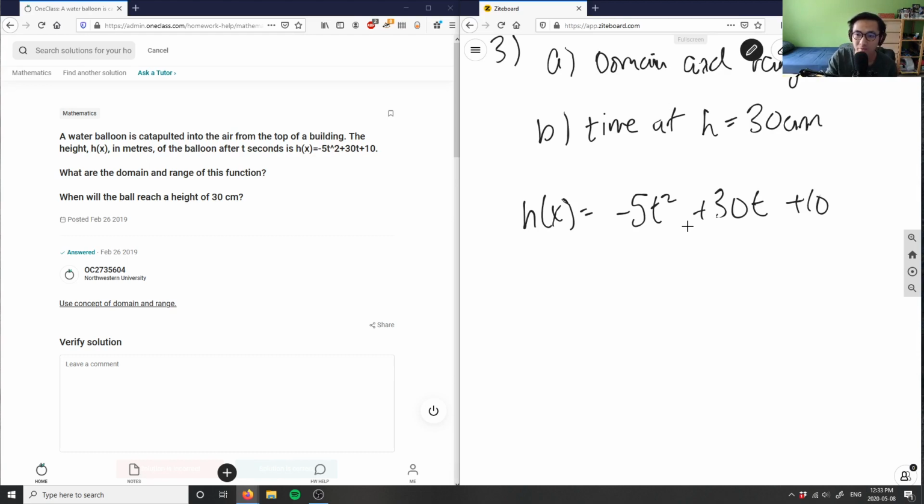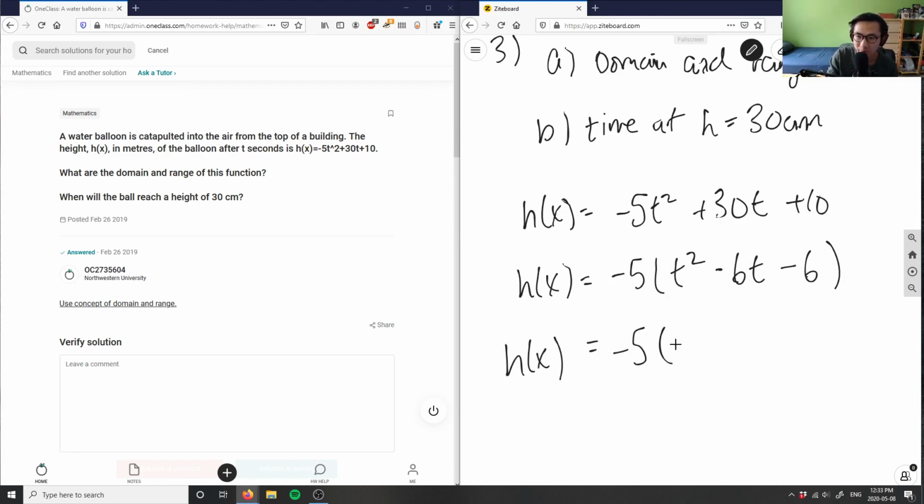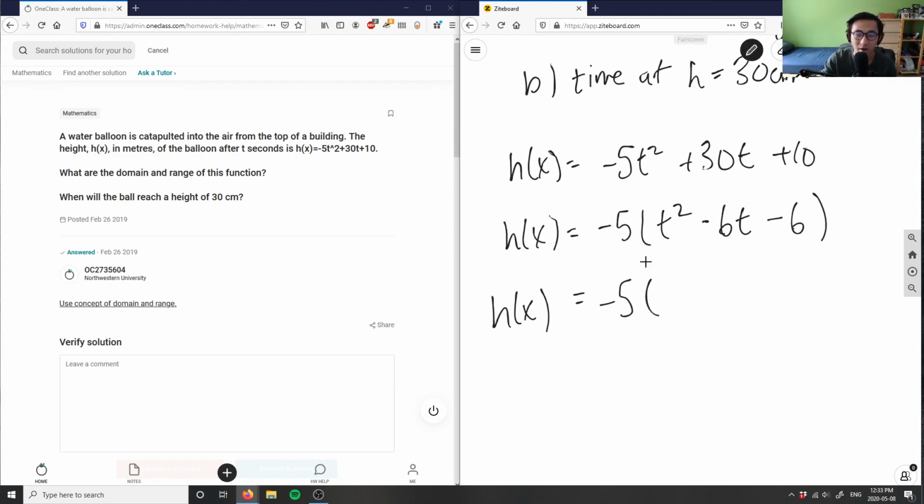So if I have h of x here, I can take out the -5. I'm going to common factor first to get t² - 6t - 6.